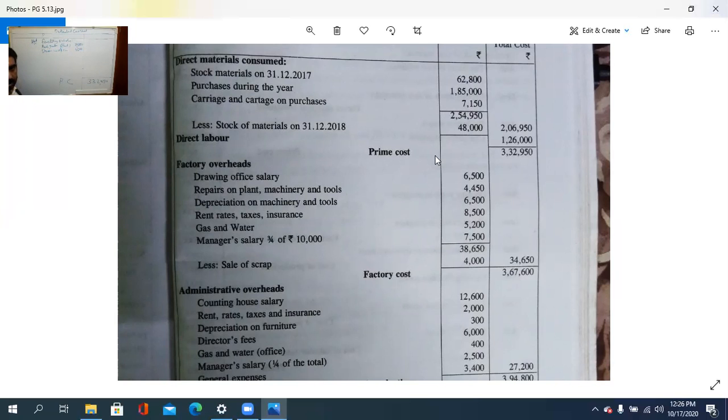Then repairs on plant, machinery and tools. That means it is in the factory, not in the office, that is why it is taking here 4,450. Then depreciation on plant, how much? 6,500.